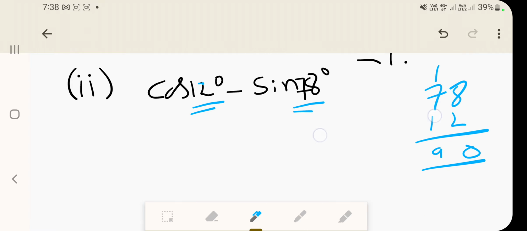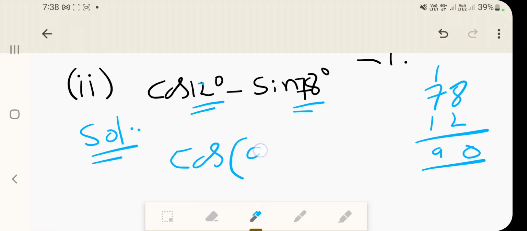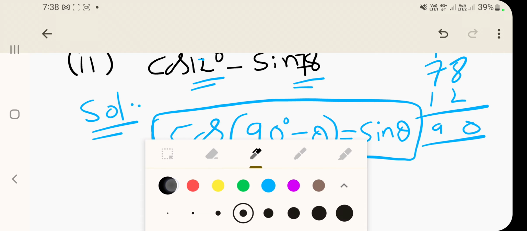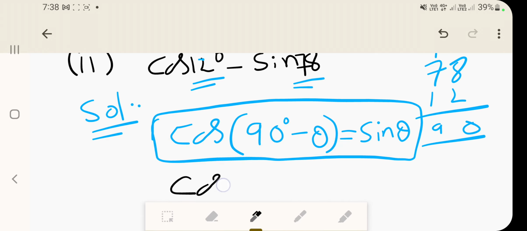For such problems where two numbers add up to 90 degrees, we use the formula cos(90 minus theta) is sine theta. And here we have cos 12.